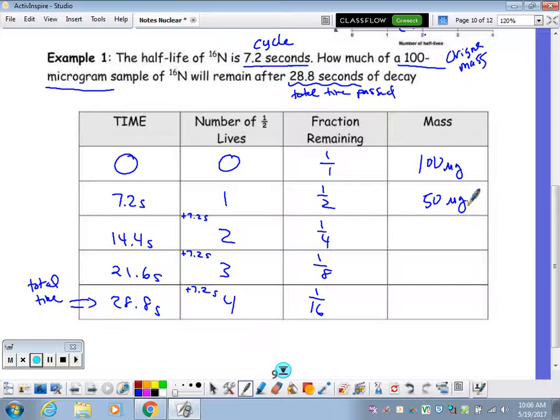And then by the time you go from the first cycle to the second cycle, this mass cuts in half again, so we're at 25 micrograms. By the time we go from the second cycle to the third cycle, the mass is cut in half again, so that would be 12.5 micrograms.